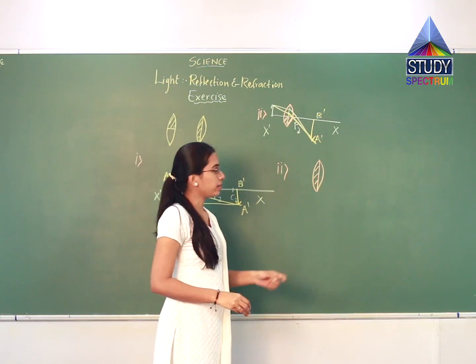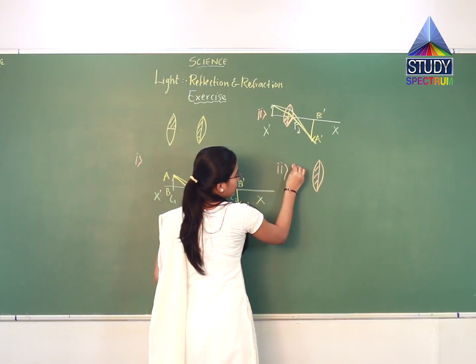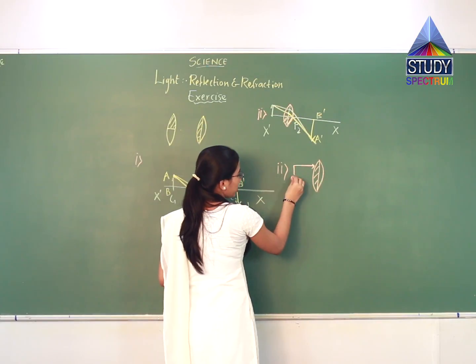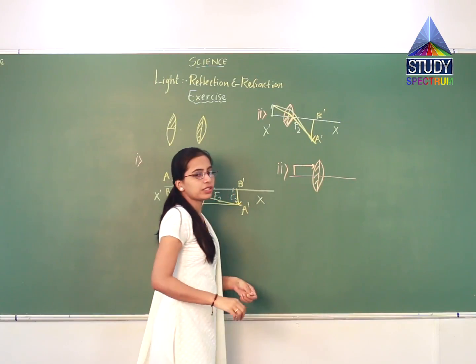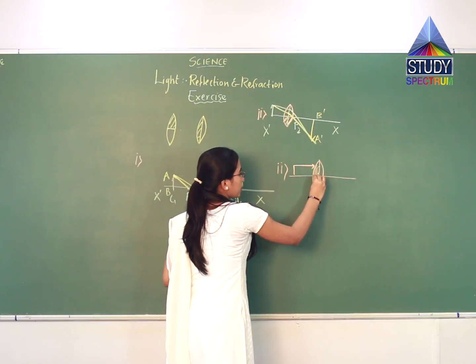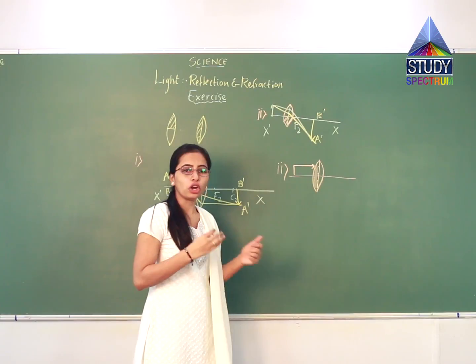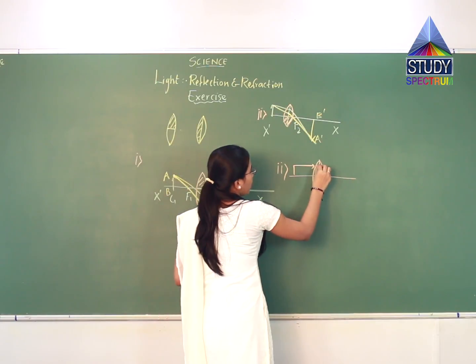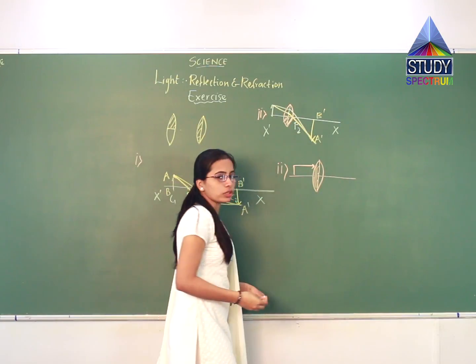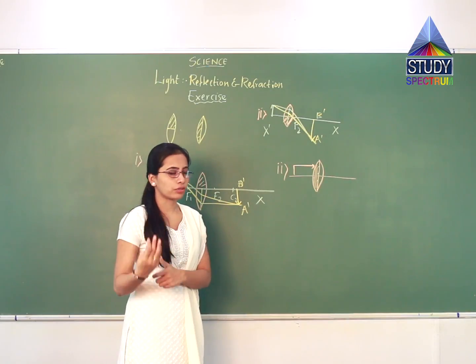You will see that the incident ray will strike here, but because this portion is covered, this portion is not transparent, ray will not get refracted on the other side, so image will not form.